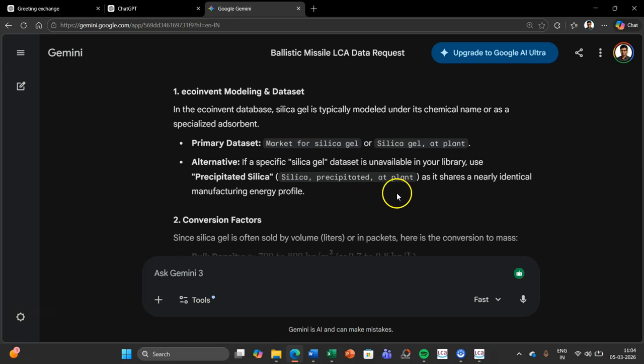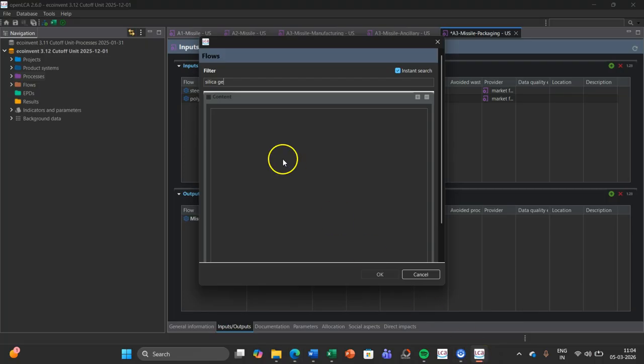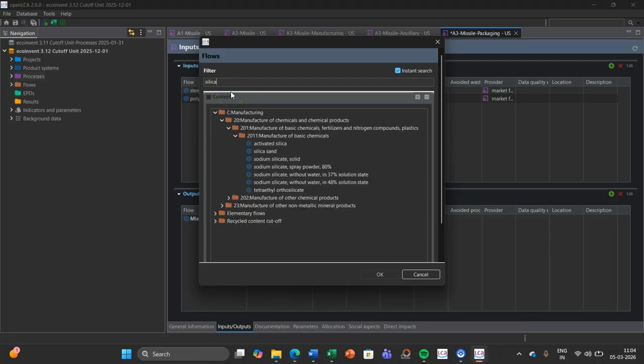So okay, we can look for silica, activated silica, silicate, nothing like that. Okay, that's a detergent, non-metallic mineral, glass. Okay, silica fume.